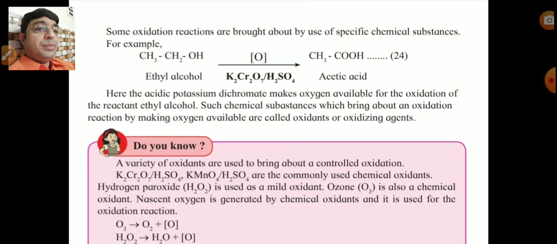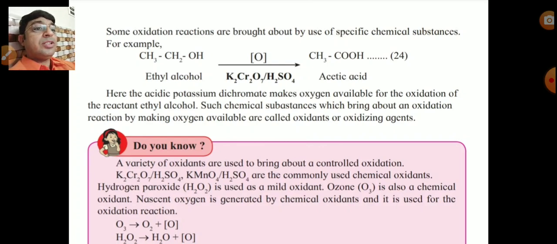Here the acidic potassium dichromate makes oxygen available for the oxidation of the reactant ethyl alcohol. Such a chemical substance which brings about an oxidation reaction by making oxygen available is called an oxidant or oxidizing agent.